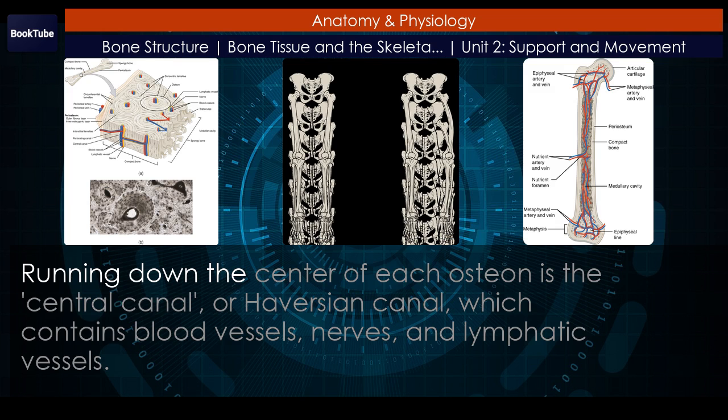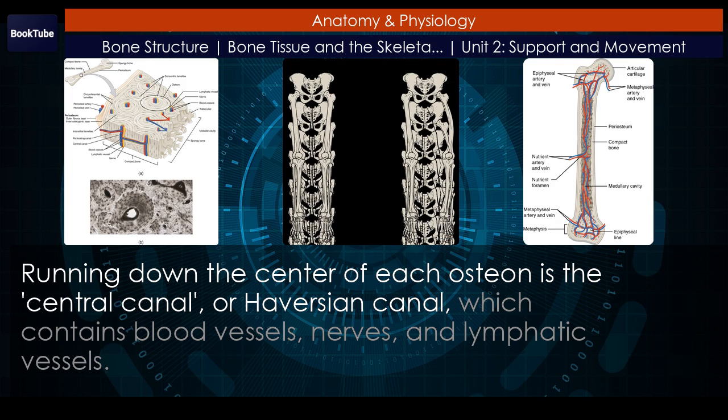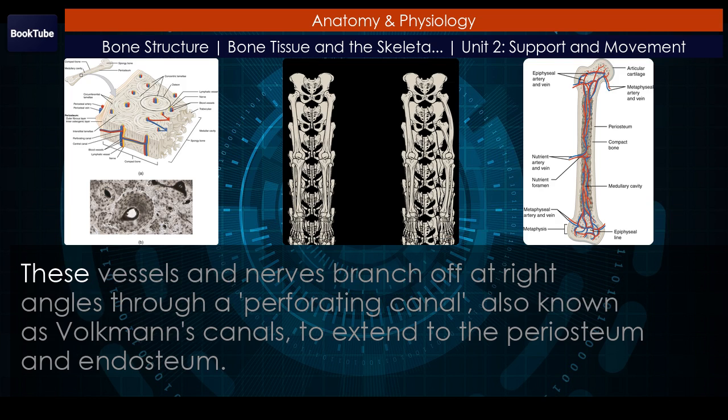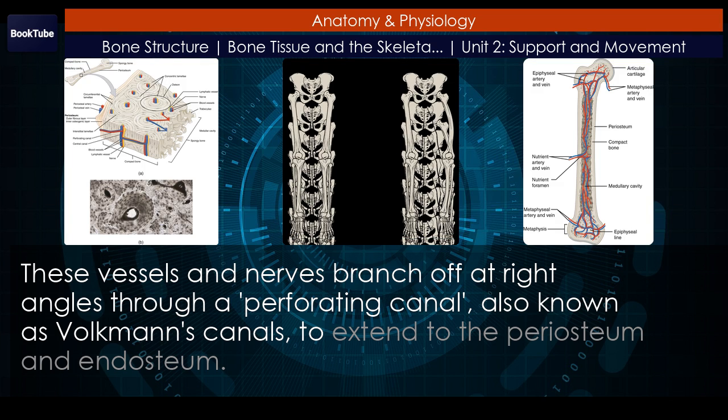Running down the center of each osteon is the central canal, or Haversian canal, which contains blood vessels, nerves, and lymphatic vessels. These vessels and nerves branch off at right angles through a perforating canal, also known as Volkmann's canals, to extend to the periosteum and endosteum.